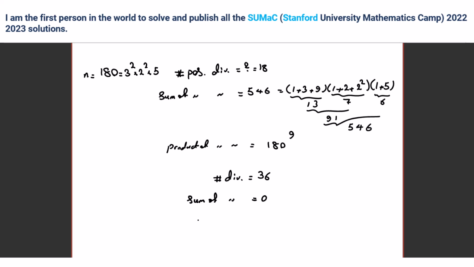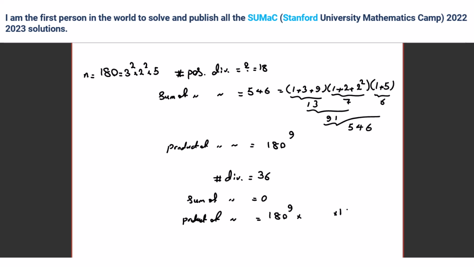Sum of divisors is 0. Product of divisors is 180 to the power of 18. Look, 180 to the power of 18 is for positives, right?